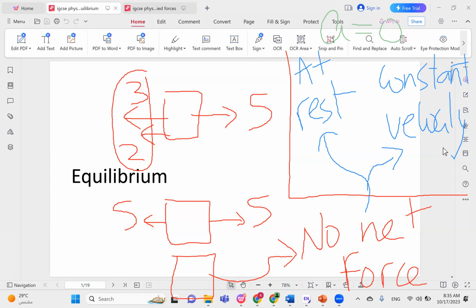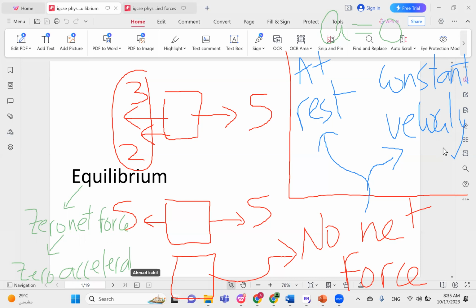Again, to summarize the concept of equilibrium, equilibrium means zero net force, and this implies zero acceleration.